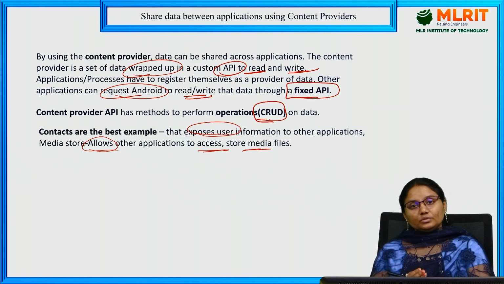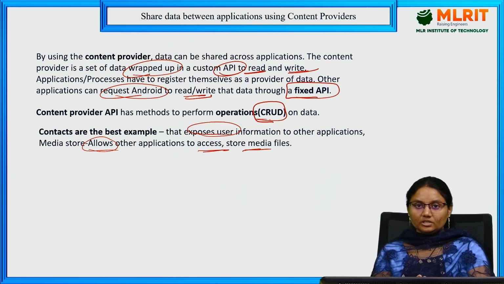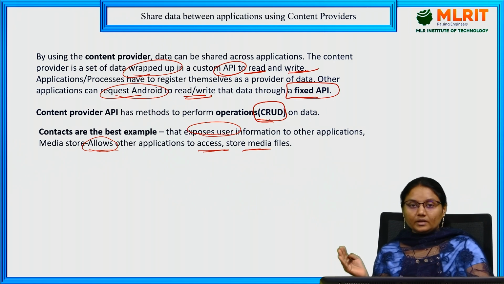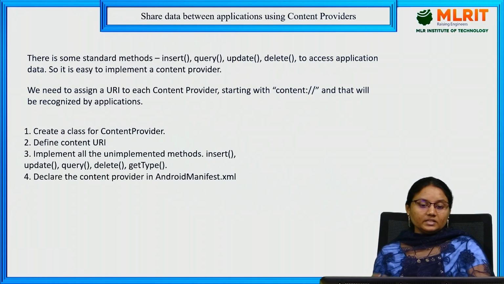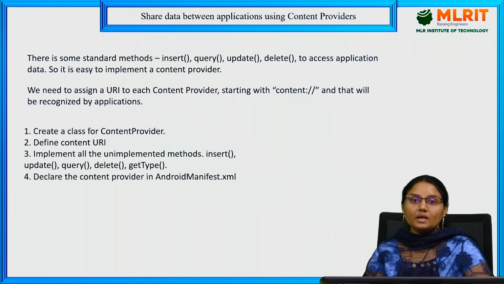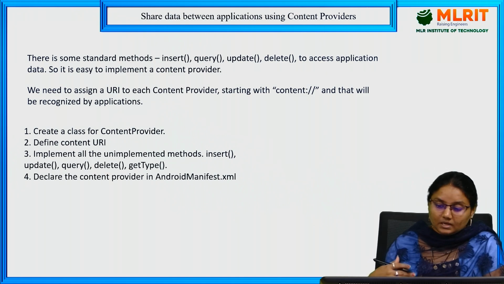Suppose you are using WhatsApp and you are trying to share your location from one end to the other, there also you need to share the current location or the live location if he wants to know where you are from time to time. So whenever you have some data to be shared from one application to another application, in such cases you can use the content provider, and sharing the data is possible by using different APIs of the content providers.